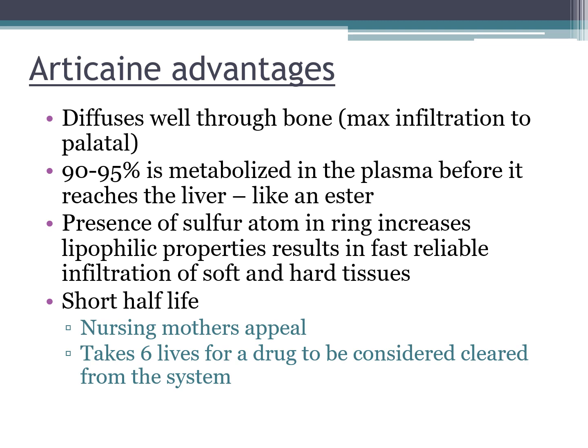So you get a fast, reliable infiltration of soft and hard tissues because, as you remember, if the membrane is lipophilic, your local anesthetic will be able to cross that barrier quickly. Articaine has a short half-life, so for nursing mothers, it is a good appeal to them.